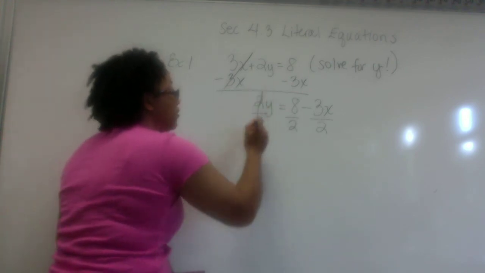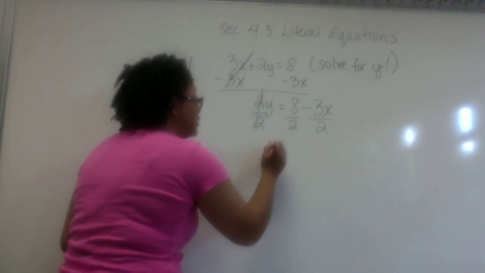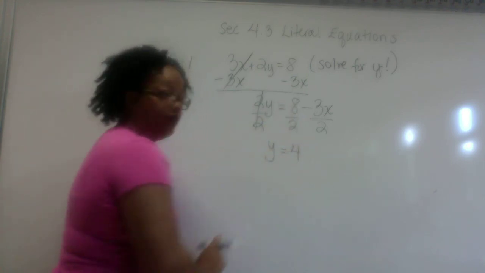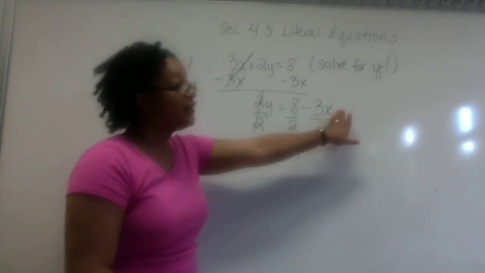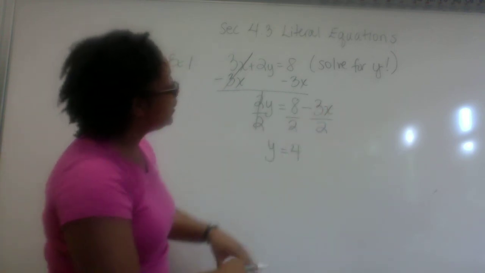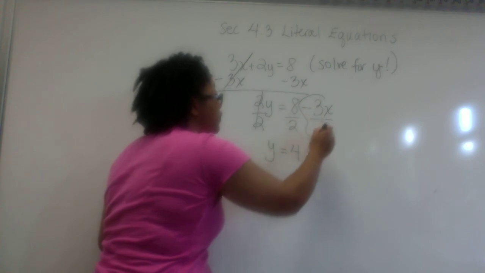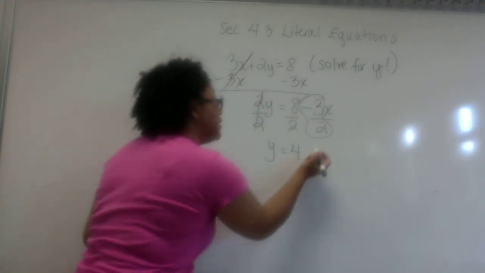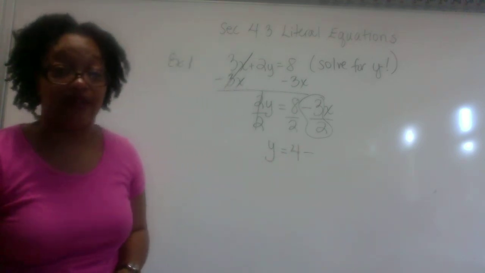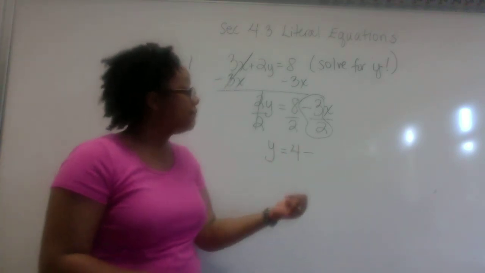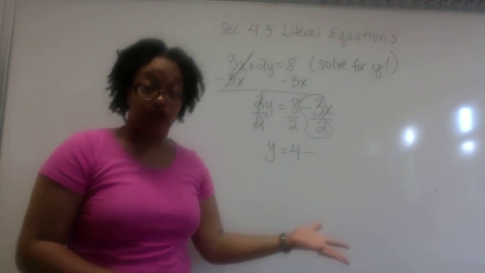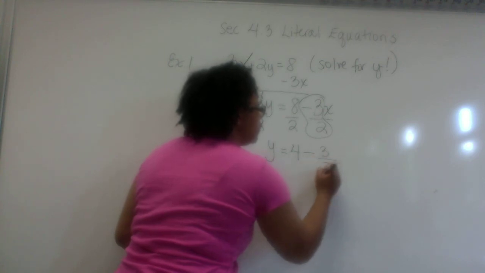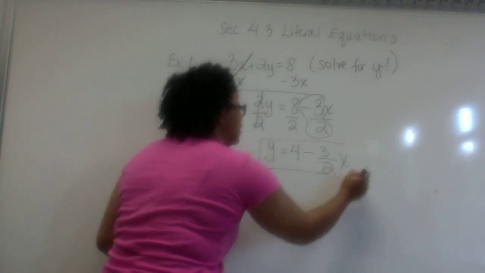The 2's cancel out. My y is by itself. 8 divided by 2 is 4. Now this x is a variable, so you're really just dealing with the negative 3 and the 2. Well, I know that a negative divided by a positive is always going to be a negative, so my sign is going to stay negative. And at this point, you can keep it as 3 over 2, or you can write it as 1.5. I'm going to leave it as 3 over 2x.